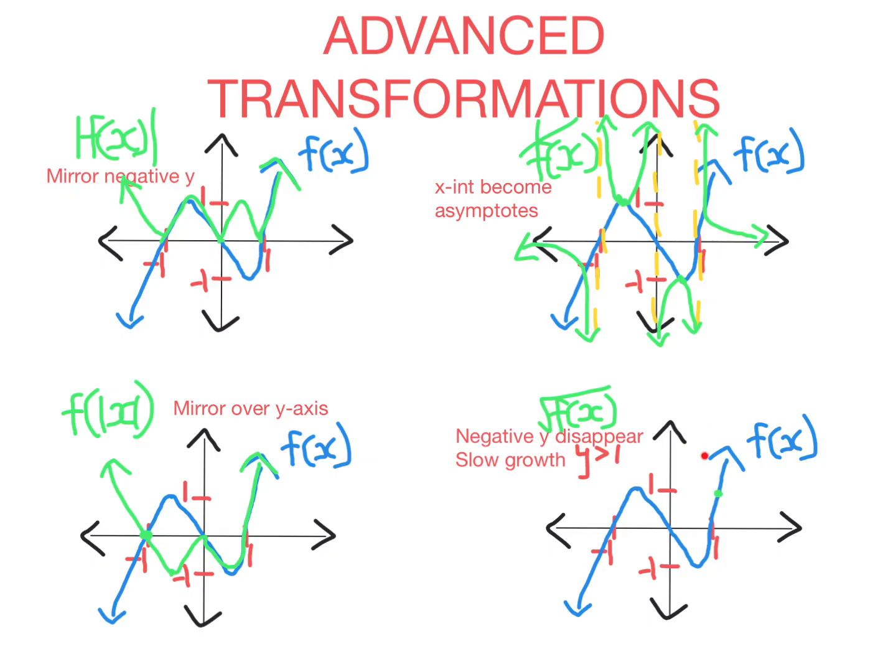All of these y values are more than 1, so square rooting them is going to make them smaller. Consequently, beyond this point, this transform graph that I'm going to draw in green is going to get much smaller than the original graph. So it's going to look like this.